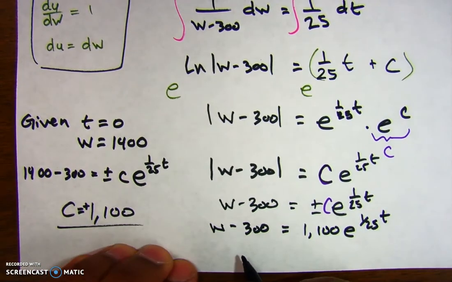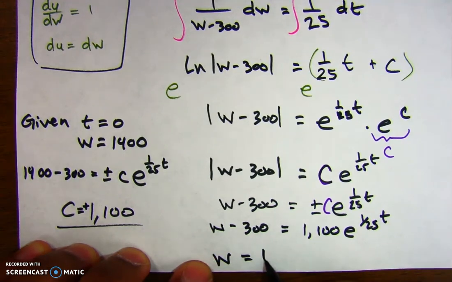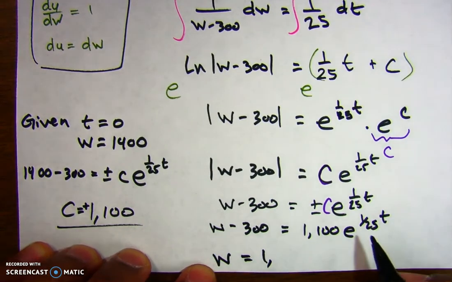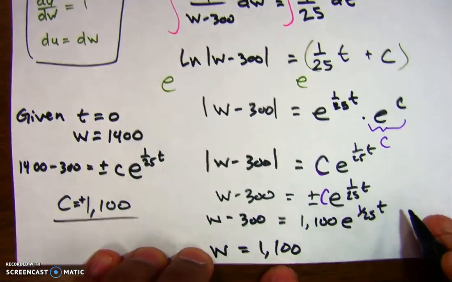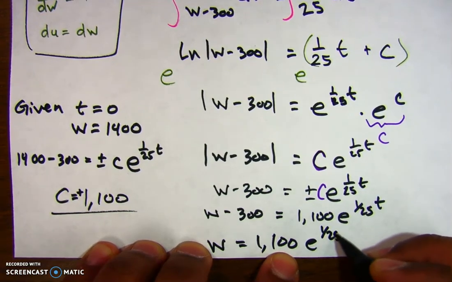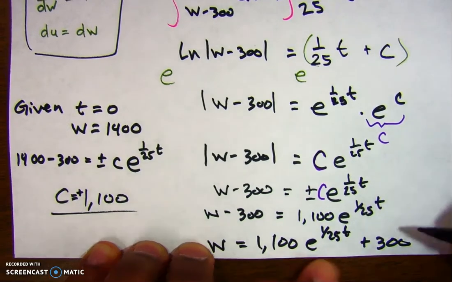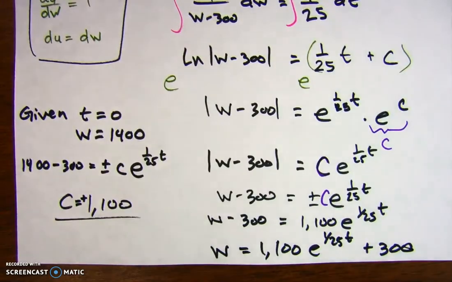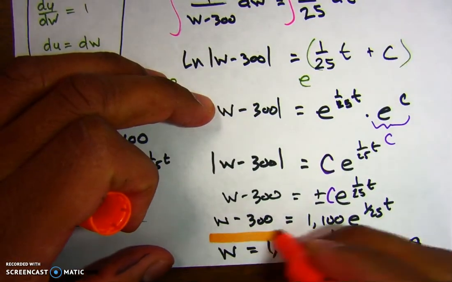And then when I add 300 to both sides, I have W is equal to 1,100 e to the 1 over 25 t plus 300. And that is the answer.